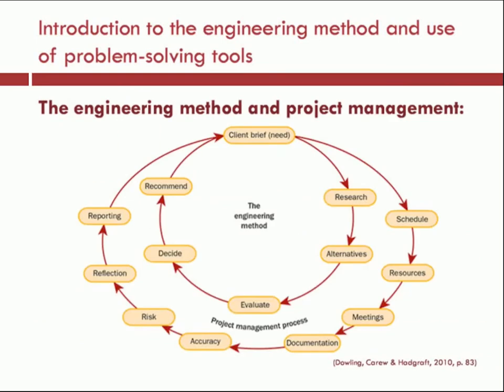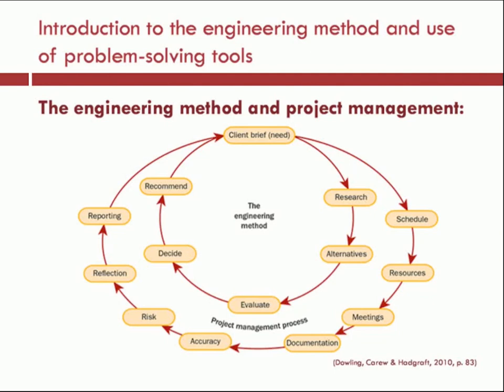Okay, earlier in the mini lecture, we introduced the concept of the engineering method: kicking off with the client brief or the client need, undertaking some research, generating alternatives, evaluating those alternatives, deciding on the most effective and efficient outcome, recommending, and then closing the loop. So that's the engineering method. We also talked about the outer loop, which is the project management loop.